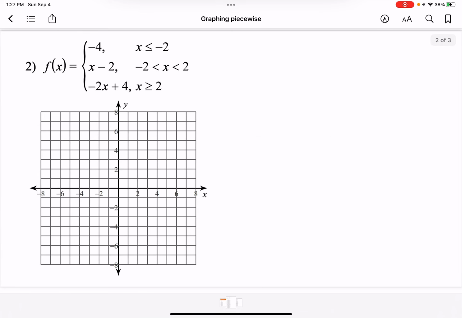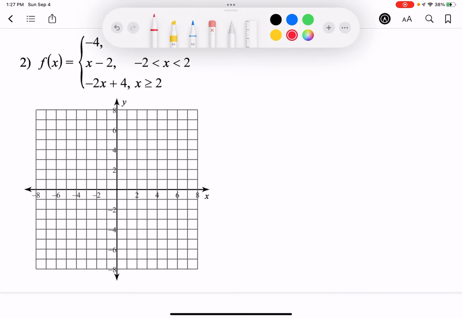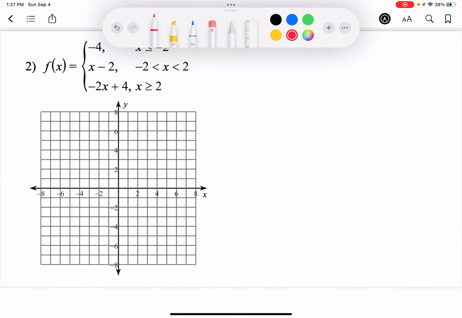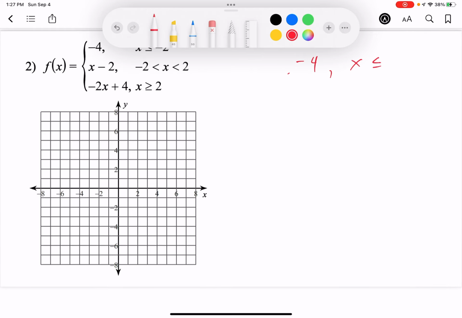Okay, medyo madali lang siguro ito, pero sige, graph natin to. Okay, the first one, hindi ko kita. Negative 4 daw siya. And you will graph that at x is less than or equal to negative 2. Okay.